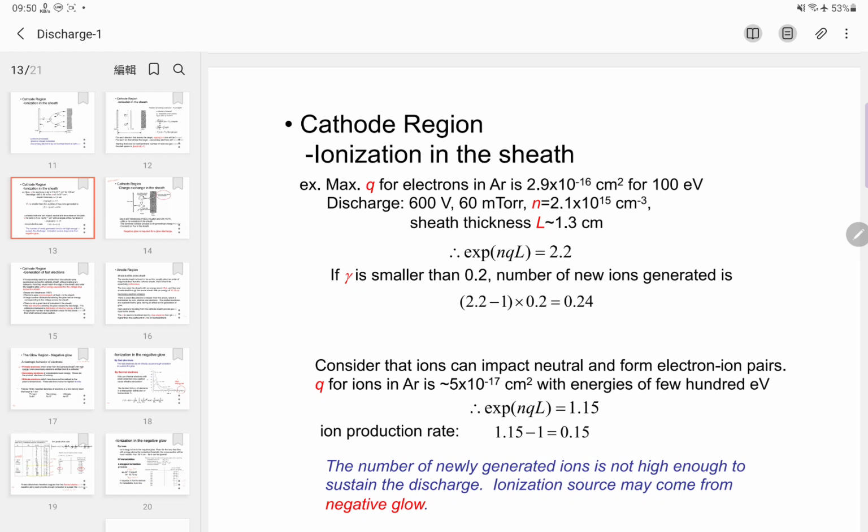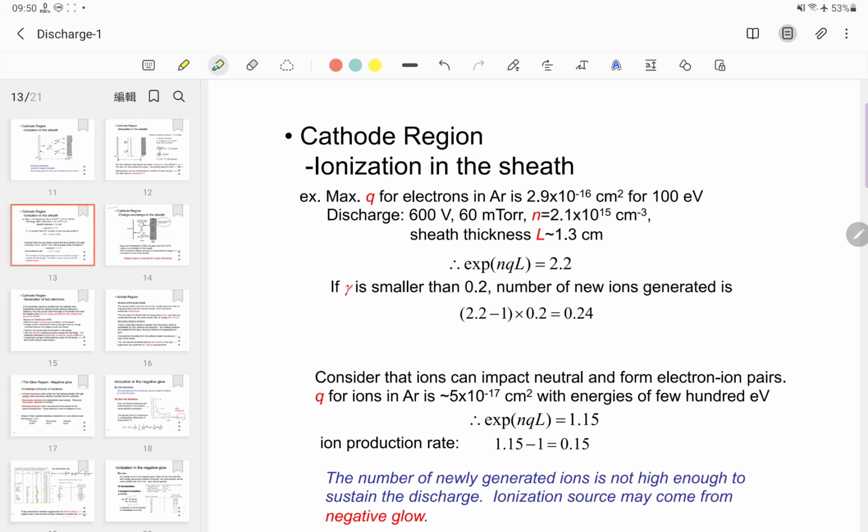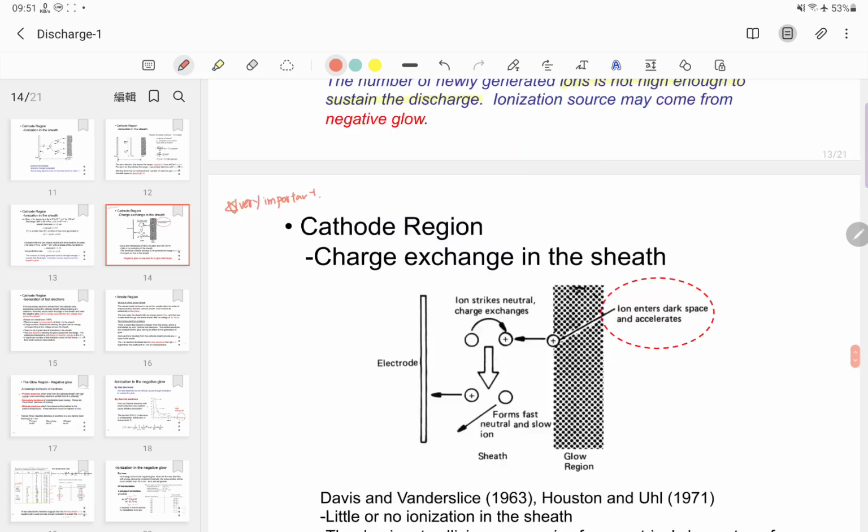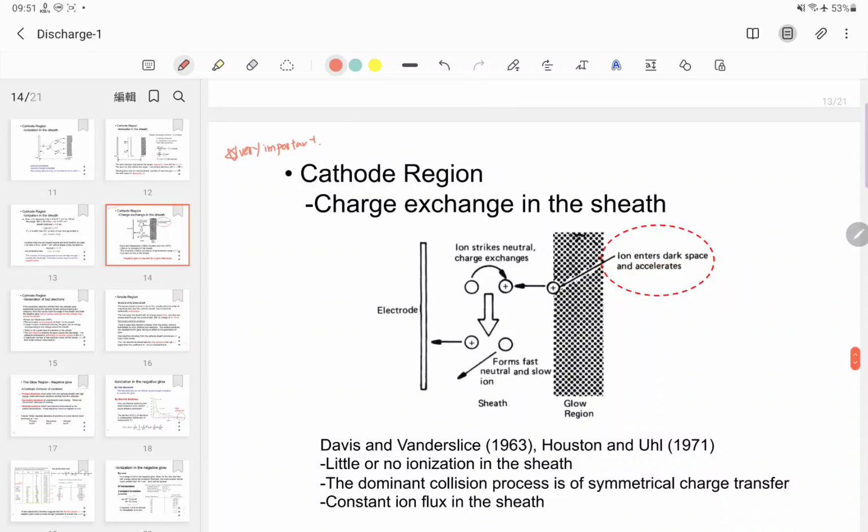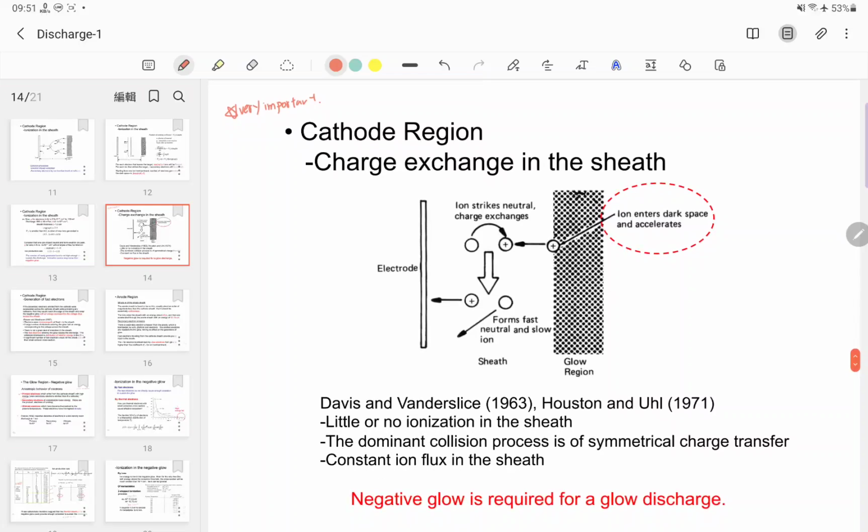So the negative glow is the most important part, and most electron and ion pairs are generated in the negative glow. When this cation is charged positively, it will be attracted by the negative potential and travel toward the cathode surface.